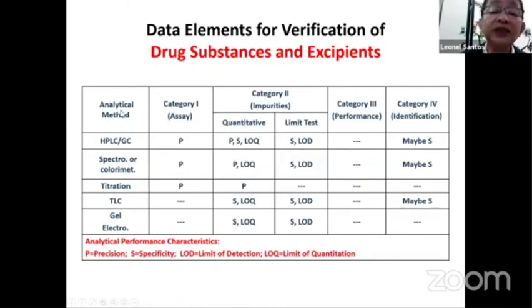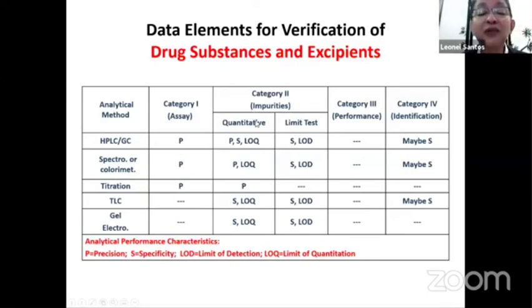It is also dependent on the category of tests, whether it's category 1, assay, 2, 3, or 4. So for example, if you are doing a verification of the product using the assay method and your analytical method is HPLC, you only need to do precision. That's all you need to do.